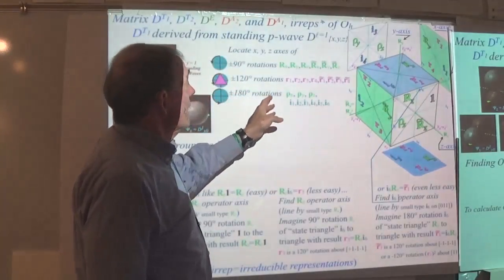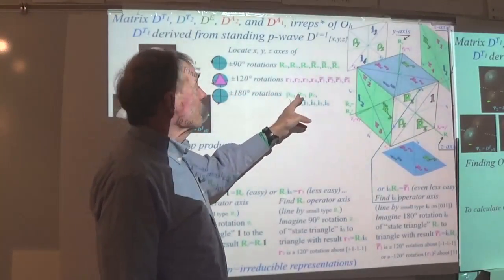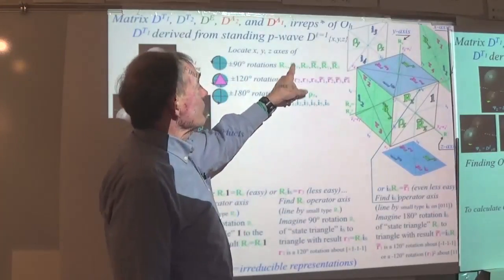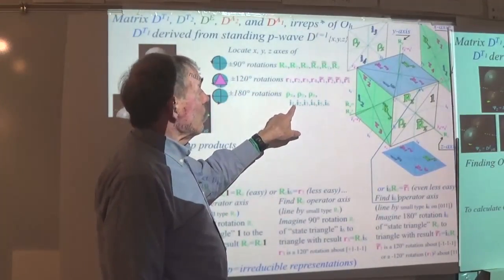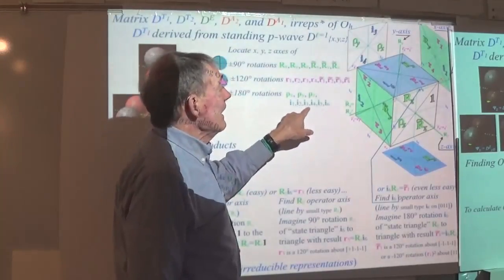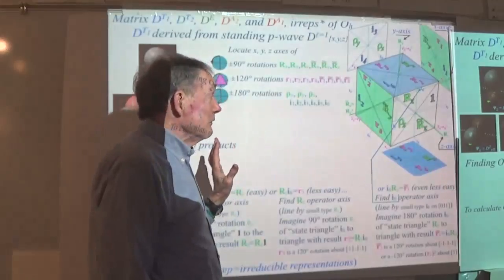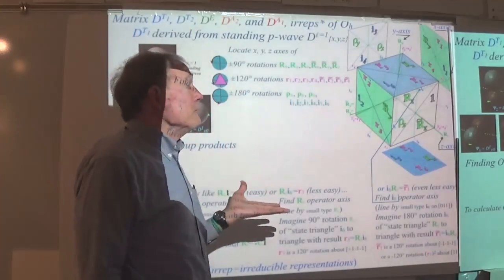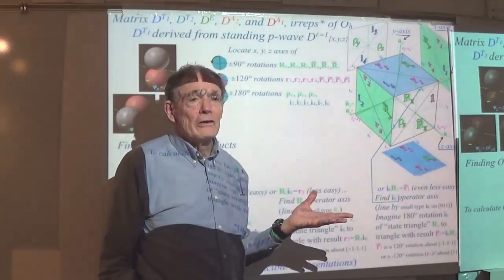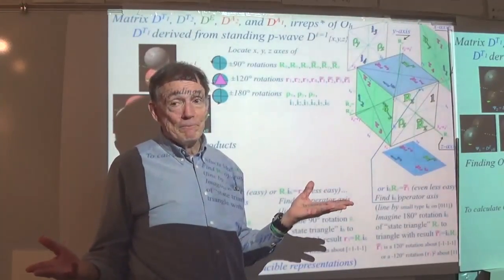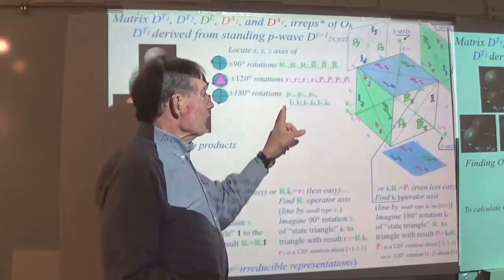And then there are the 180 degree rotations that live, first of all, on the x, y, and z axes. They're just squares of this guy. And then there are 6 edges that have axes. Actually, there are 12 edges, but 180 degrees and minus 180 degrees for classical stuff or for boson stuff are the same. So we only have 6.